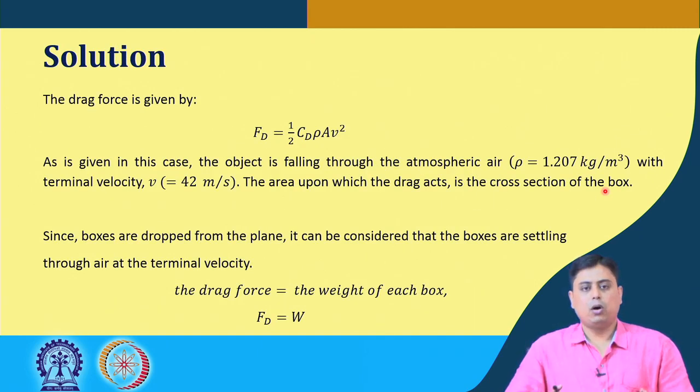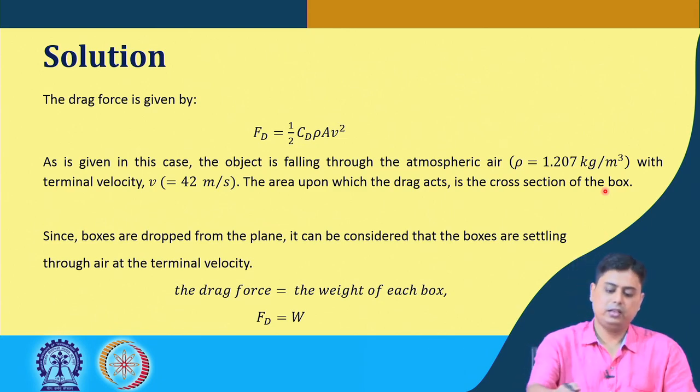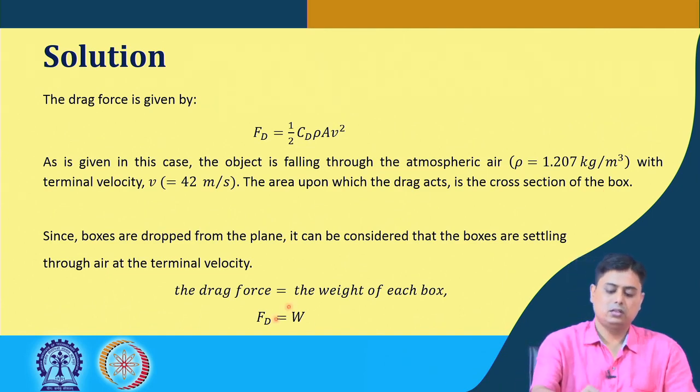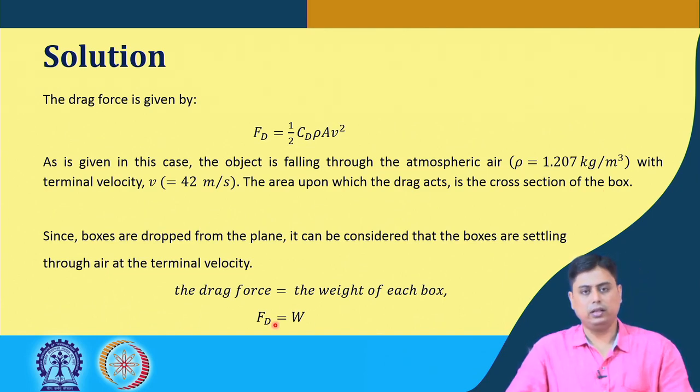And since the box is dropped from the plane, and in fact it is mentioned that the box is settling through the air at a terminal velocity, it means its weight and the drag force balance, and that is why there is no acceleration of the food packet or the parcel. So, this weight is what is given.